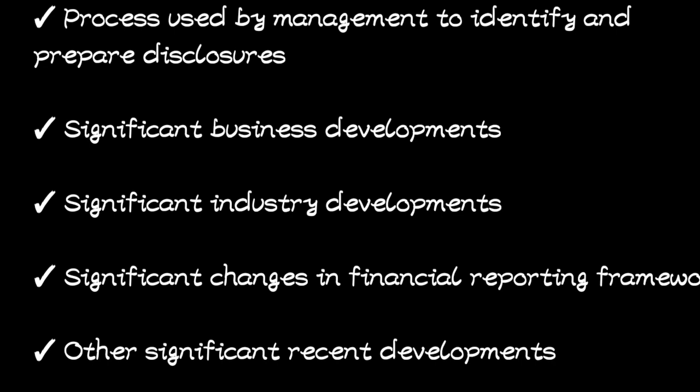Has to look at significant business developments, like in case they came up maybe with a new system. Has to look at the significant industry developments in case anything was changed in the industry. Then has to look at significant changes in the financial reporting framework and other significant recent developments.